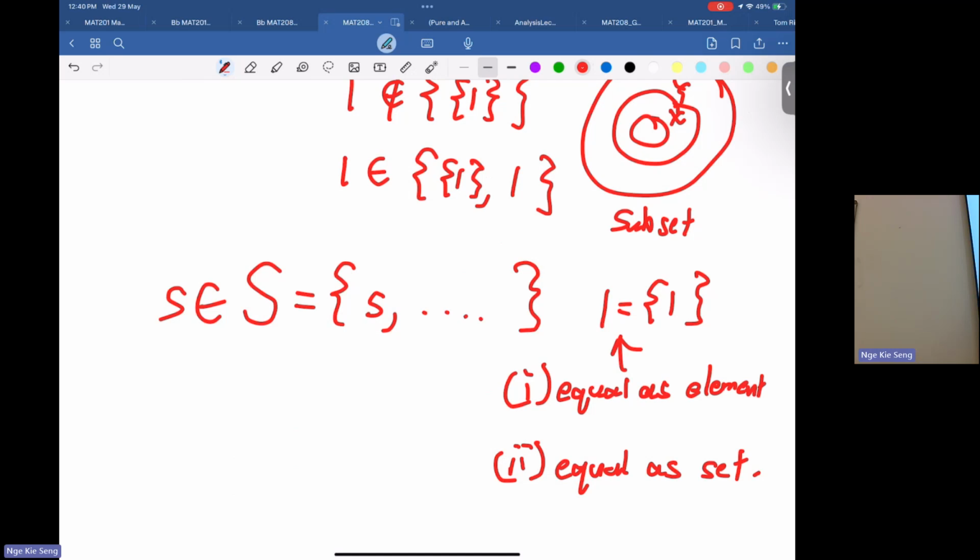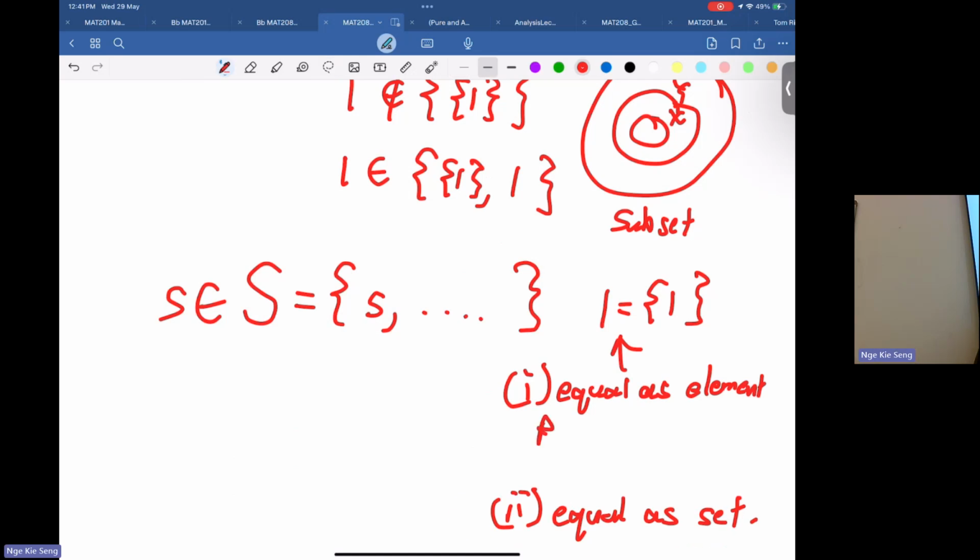It's a bit dangerous to think like that. Maybe sometimes an element can be a set. So what you think about is, by definition, they are not equal. Okay, your argument is dangerous. You know why?